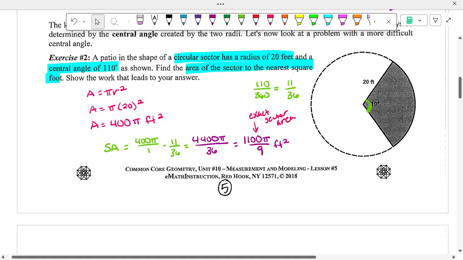That's our exact answer, but it also said it wants it rounded to the nearest foot. So what would it be to the nearest foot? Someone who has not talked yet, put it in your calculator and tell me what it would be approximately. All I have to do is type in 1100 pi and then divide it by 9. Make sure you put parentheses around the 1100 pi if you're typing it all in at once.